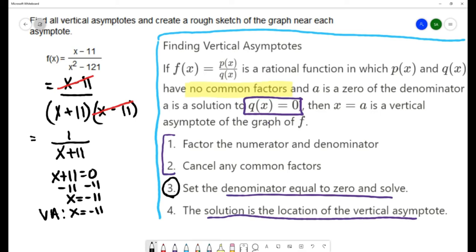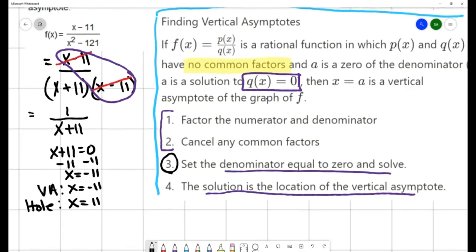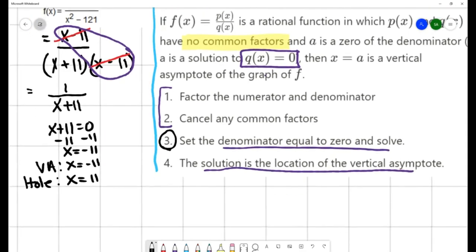It only has one. If you're wondering, what about this factor that we canceled out, that factor that we canceled out is a hole in the graph. So at x equals 11, there will be a hole in the graph instead of a vertical asymptote. So when there's a common factor, we get a hole.